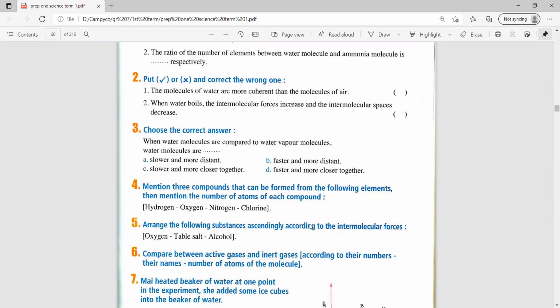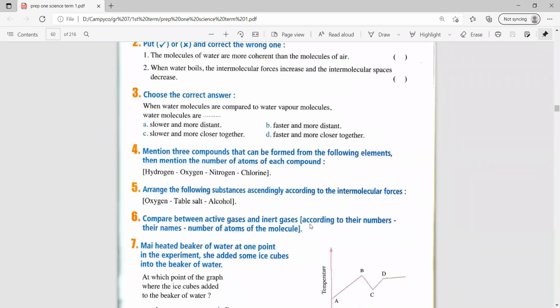When water boils, the intermolecular forces increase and the intermolecular spaces decrease. Wrong. Very good. When water molecules are compared to water vapor molecules, water molecules are slower and more close together. Yes, very good.